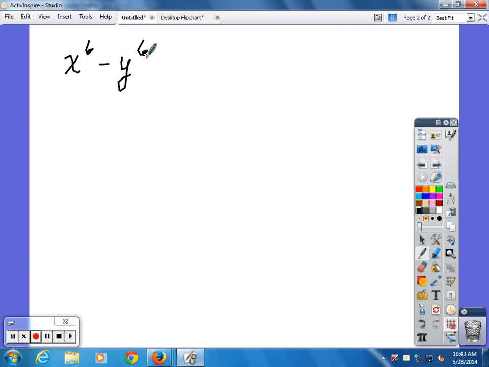Well, what do you do to exponents when you multiply them? You add. So the cube root of x to the 6th is x squared. The square root of x to the 6th is x cubed. So you can use either on these type problems.